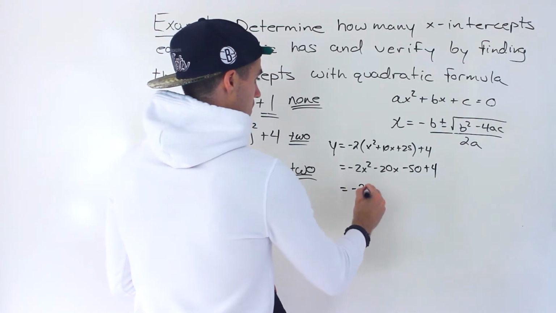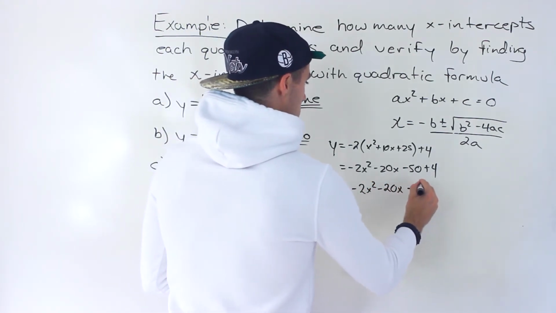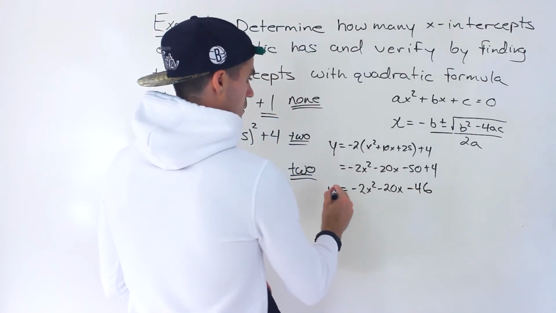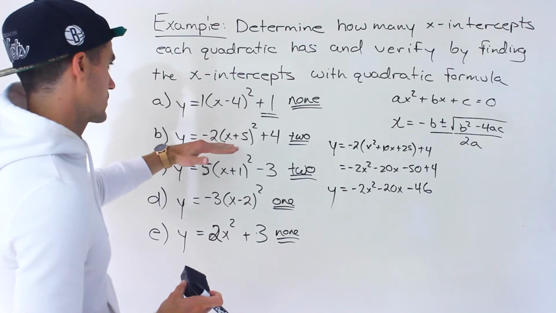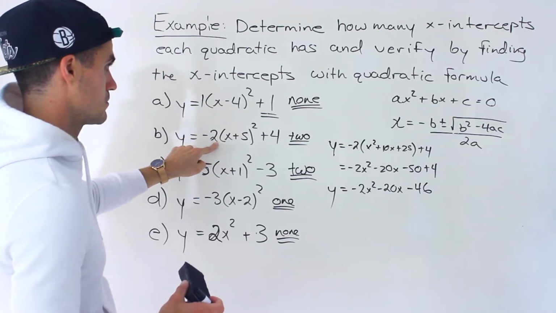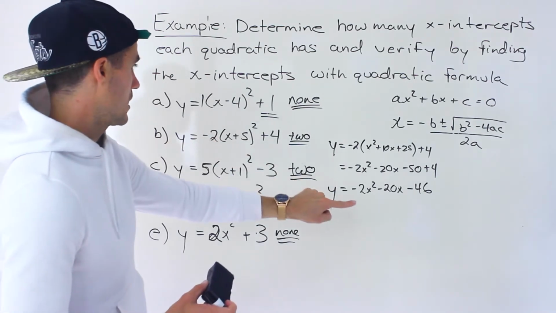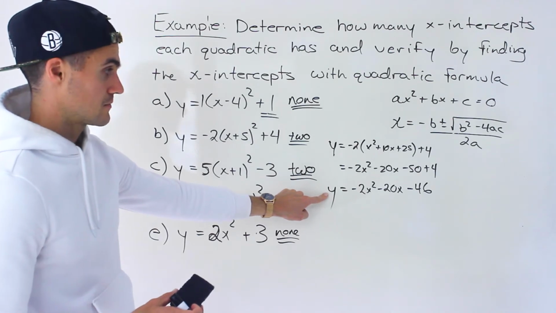This would be -2x squared minus 20x minus 46, like that. So this quadratic, let me just make sure that it is correct. Yes, it looks fine to me. So this quadratic and this quadratic, they're actually the exact same thing.